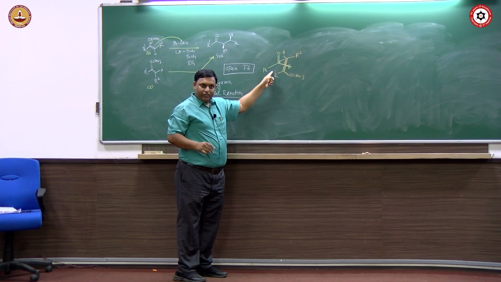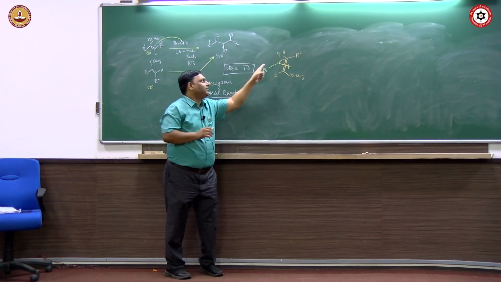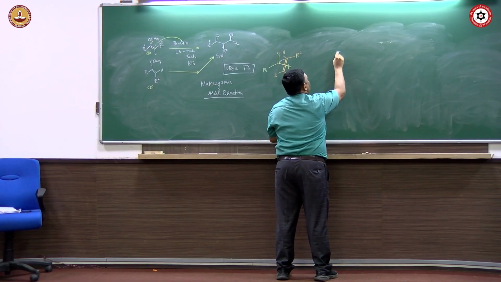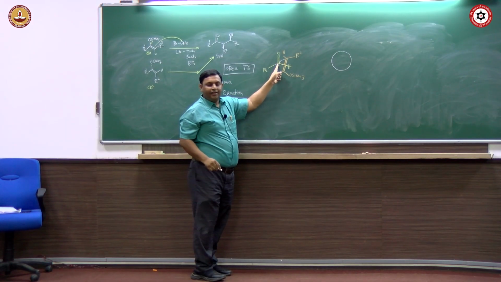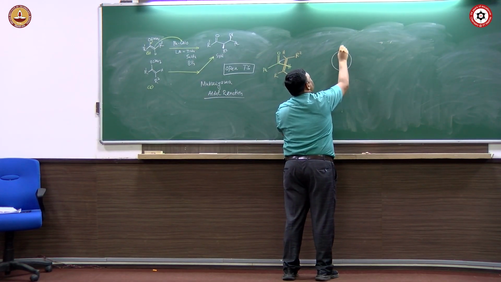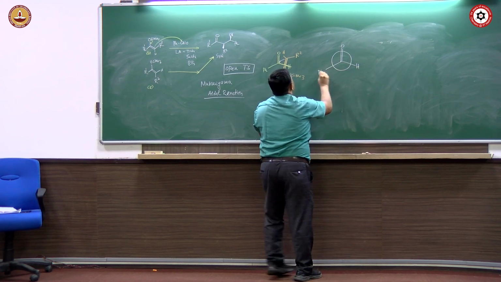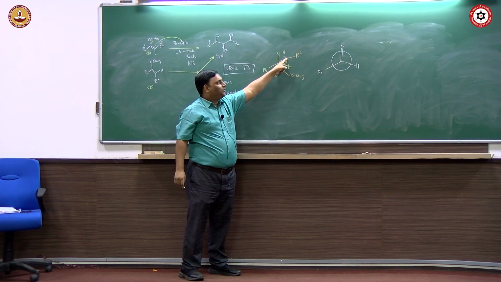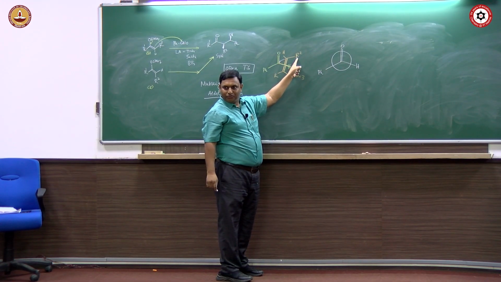Now I want to draw this in a sawhorse to understand much more clearly. Not sawhorse, I will draw the Newman projection. If I look from this side, I see the carbonyl and I have a double bond, hydrogen and the phenyl. I see the back carbon, which has a hydrogen and an R2.